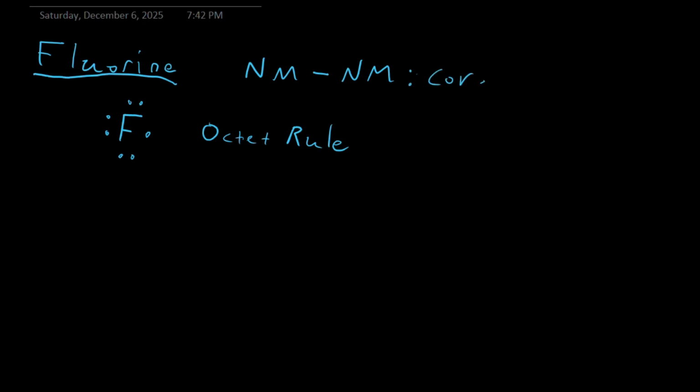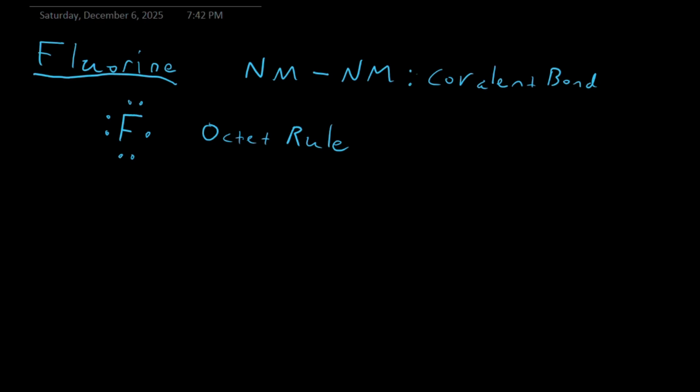If one of them were metallic, then it would be an ionic bond, which is another video. Covalent bonds mean that we're sharing electrons. Ionic bonds will give electrons away. Covalent bonds will share an electron.